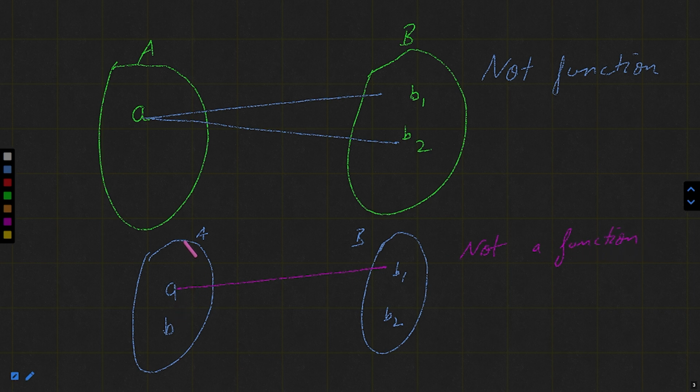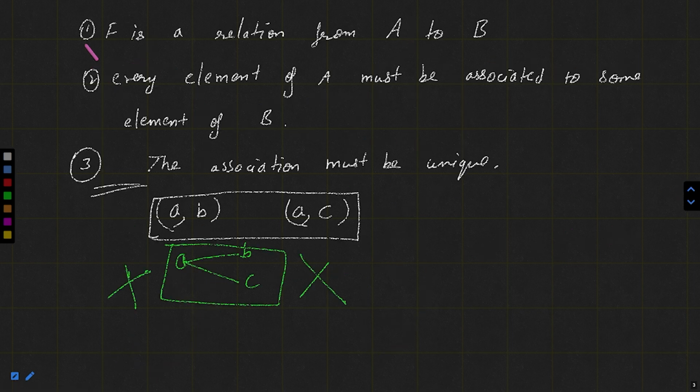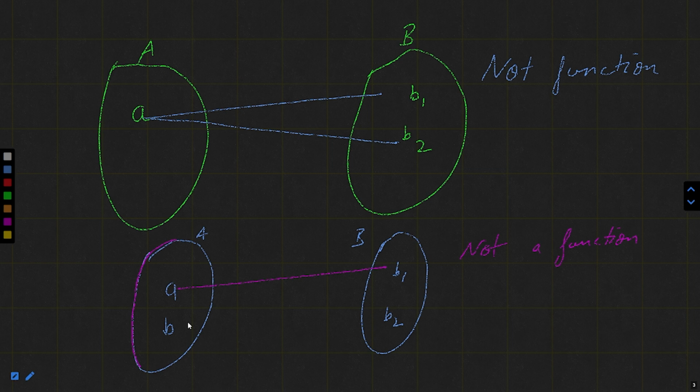Because from the first point, every element of A must be associated to some element of B. Here an element is not associated to any element. It is sitting alone without any link or relation. So this is also not a function.